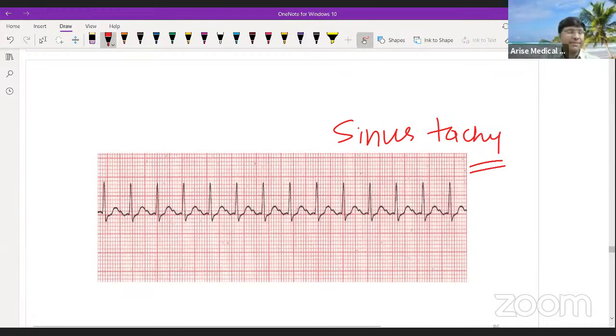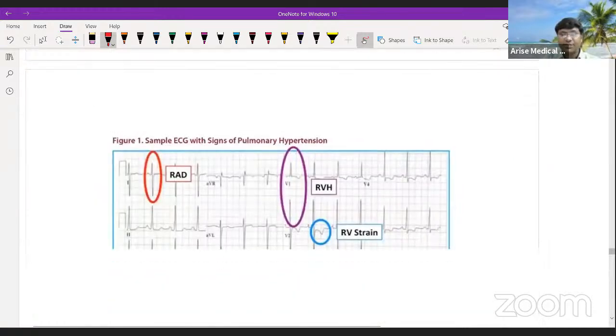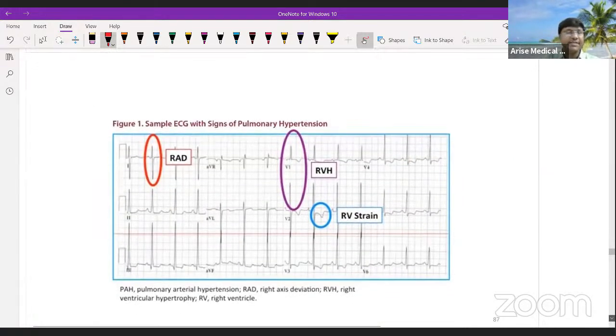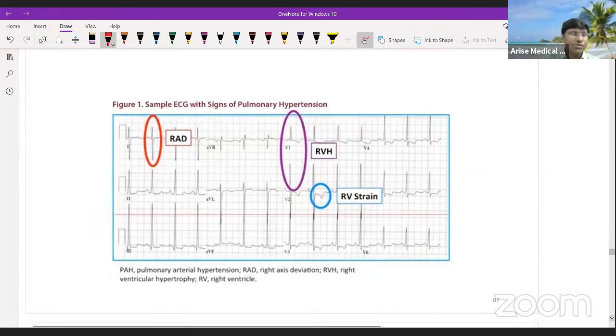See, in patients with the pulmonary embolism, there will be increased afterload on the right ventricle. So thereby, these individuals will have what is called right heart strain pattern in the ECG, right? You see this. This is your right heart strain pattern in the ECG. What are those? Number one, right axis deviation.